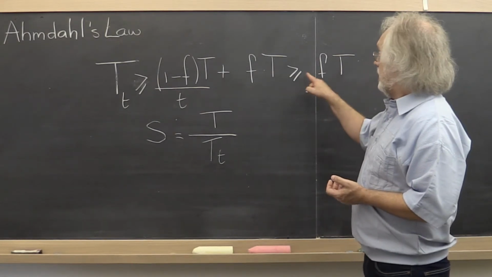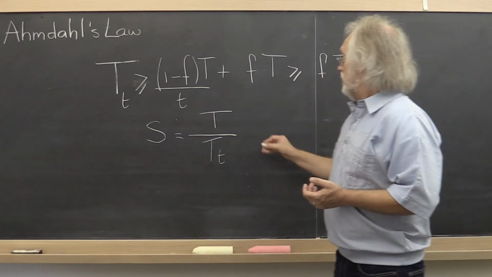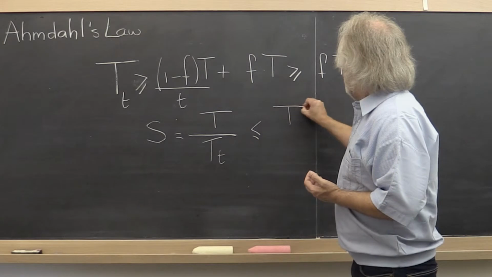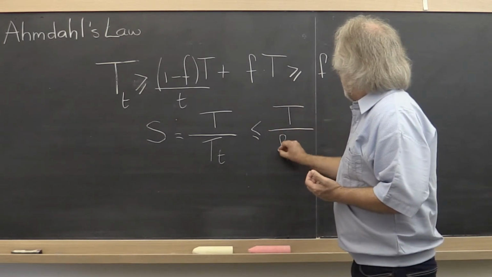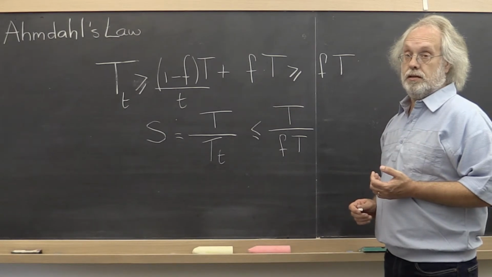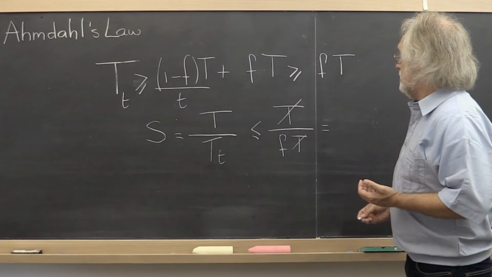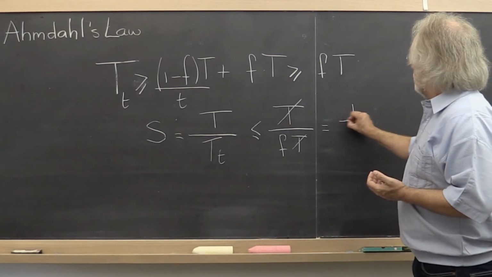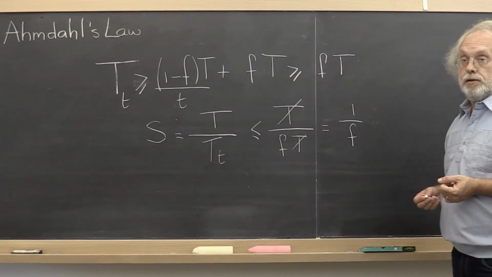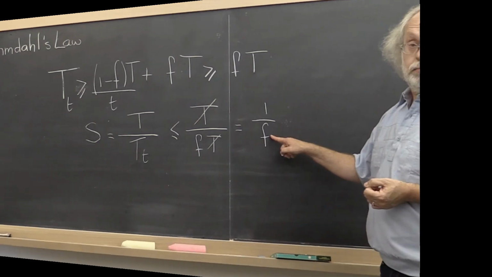Okay, well, because T sub t is greater than or equal to that, we then conclude that the best speedup we can expect is T divided by f times T. That puts a bound on the speedup that we can attain. We then cancel the T's, and we find that the speedup is at best 1 over f. All right? That's known as Amdahl's law.